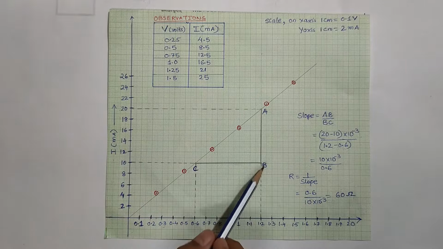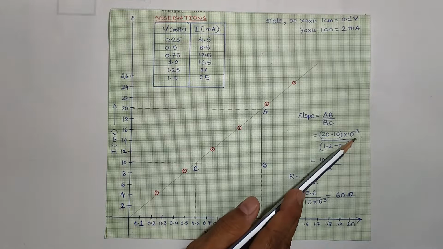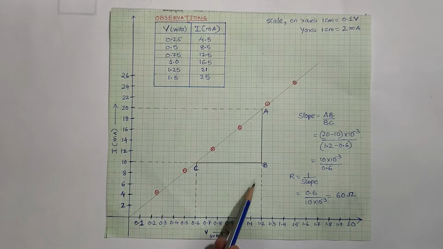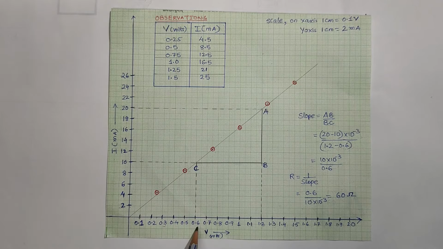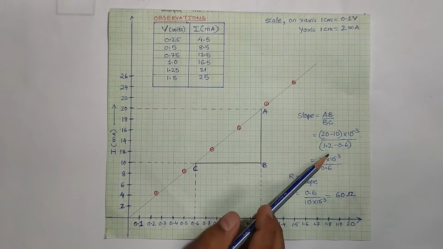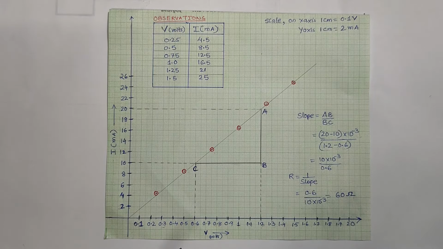So the total value of AB is (20 minus 10) into 10 raised to minus 3, because it is in milliampere. In the same way, the value of B on the x-axis is 1.2, C on the x-axis is 0.6. So the difference between B and C, the BC value, is equal to 0.6.